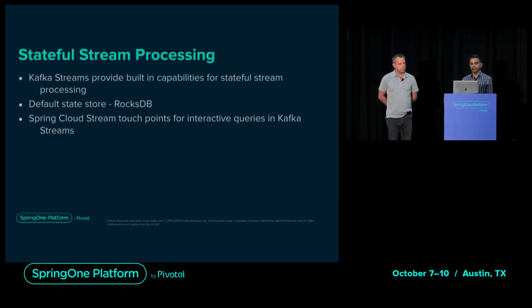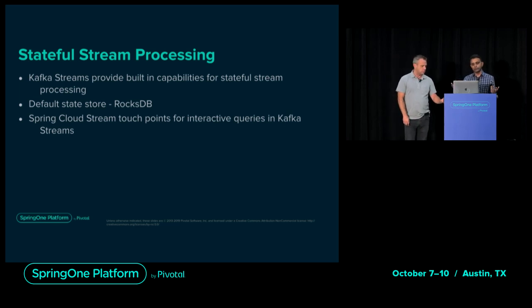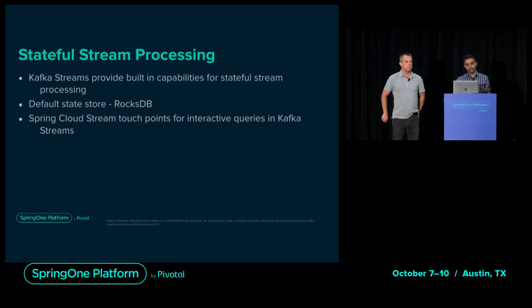And if your application is worried about memory issues and things like that, you can bring your own state store. For example, if you want to use some other external technologies as a state store, it is quite possible. But the majority of the time, you might be okay with using the built-in RocksDB as a state store.